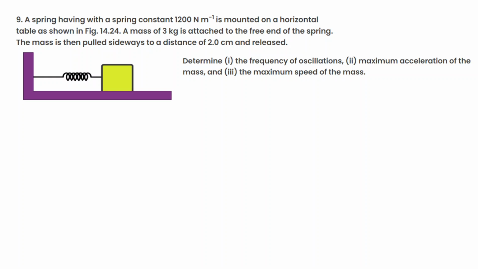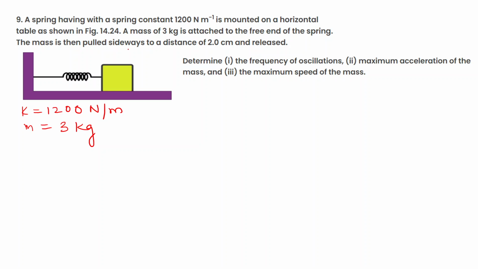So here we have a spring with the spring constant. Here the spring constant is already given, which is 1200 Newton per meter, and is mounted on a horizontal table as shown here. A mass of 3 kg is attached to the free end of the spring.